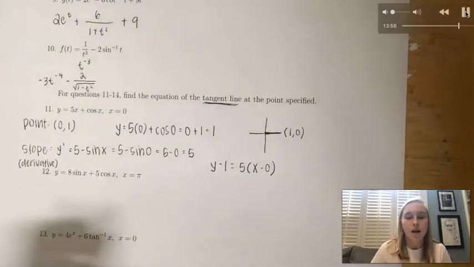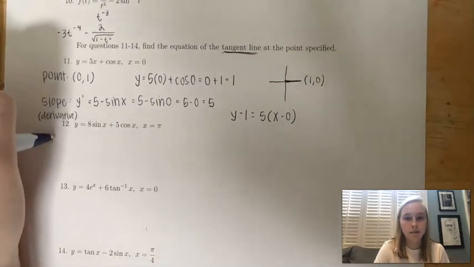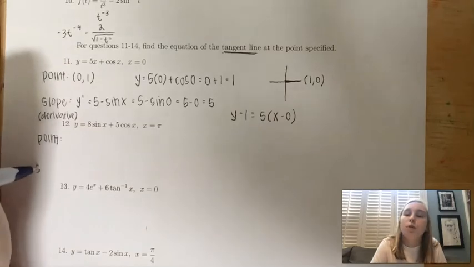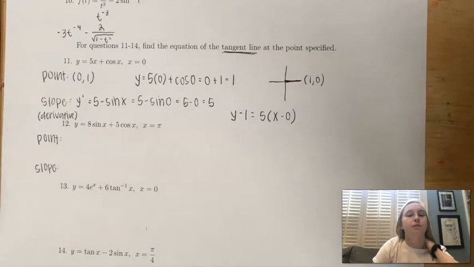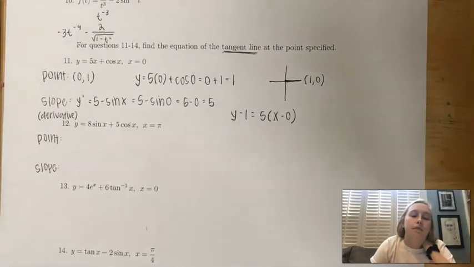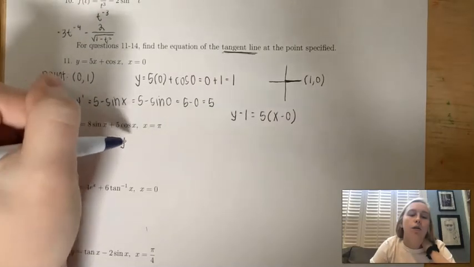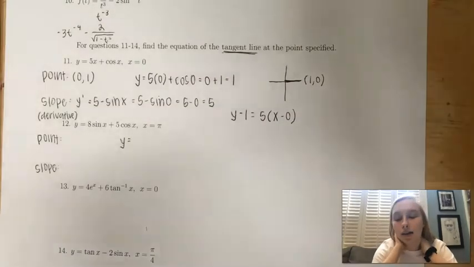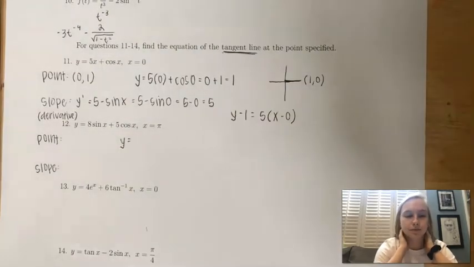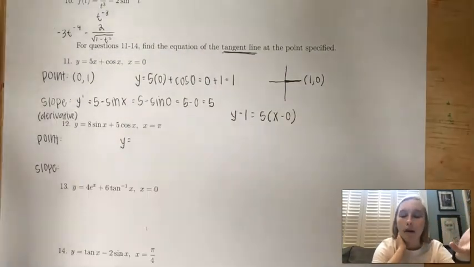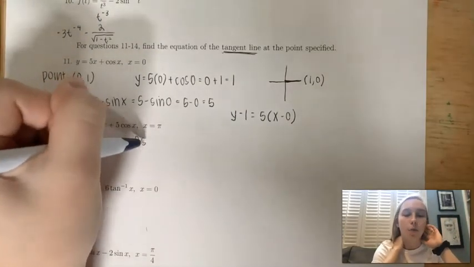Moving on. So next problem. Once again, same exact process. We're going to find the point and the slope. We are going to plug in the x value, which is pi, into the y value equation in order to find the y value of the point.